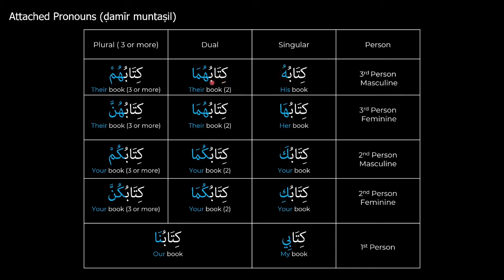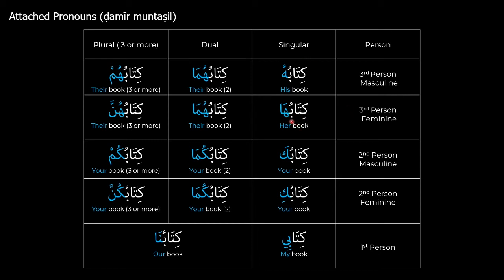Then we have kitabuhuma, which is the third person masculine dual, which means their book when referring to two people. And then we have kitabuhum, which is third person masculine plural, which means their book when referring to three or more people. And both of these look exactly like their detached form, they're just attached at the end. And then we have kitabuha, which is third person feminine singular, which means her book.